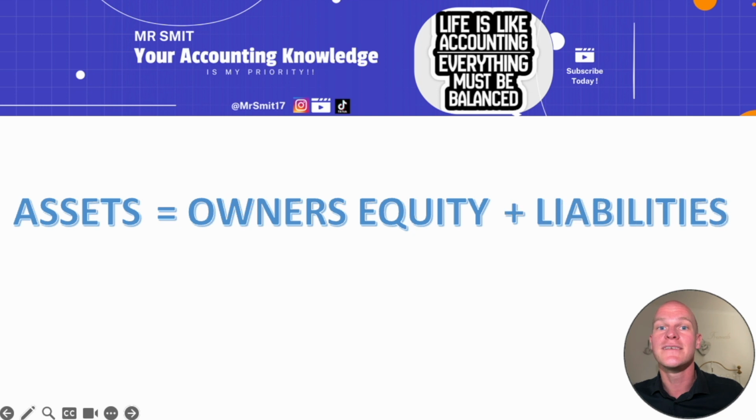This is known as liabilities. And there it is, the accounting equation. Assets equals owner's equity plus liabilities. That is the first part of it. But now, let's dive into the nitty-gritty stuff.